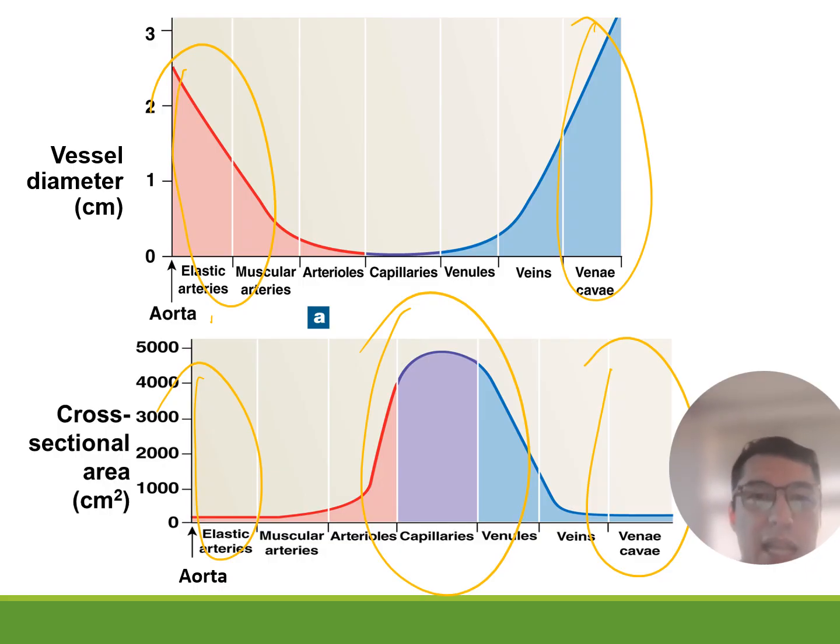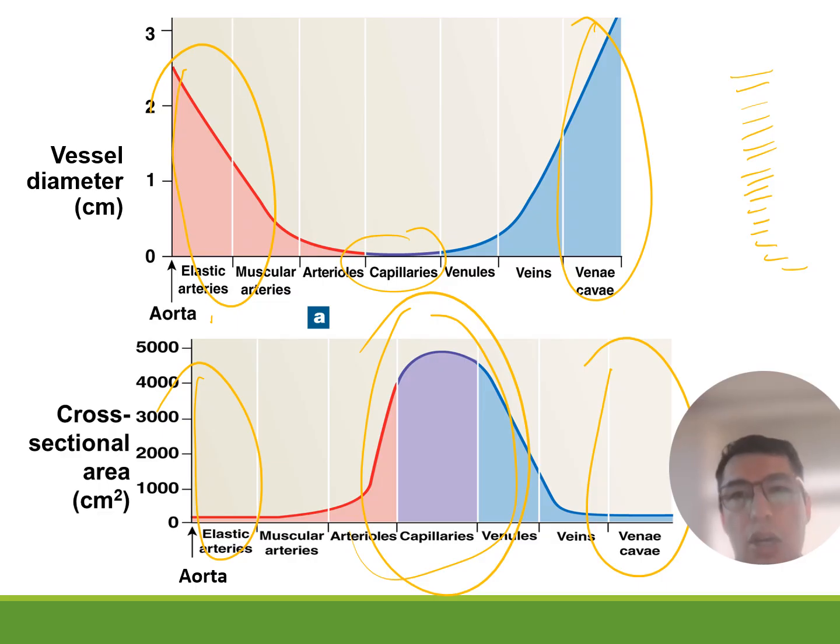So just keep in mind that even though capillary size is very small, the actual vessels, because there are so many of them throughout your body, have a large cross-sectional area. Cross-sectional area is just measuring the size from here to here, from here to here, from here, here, here.